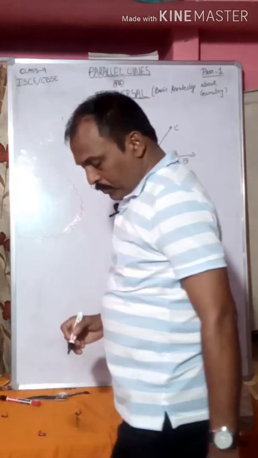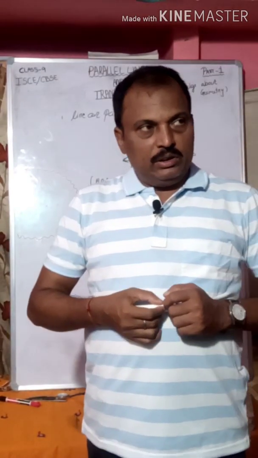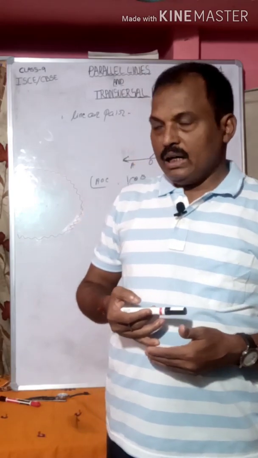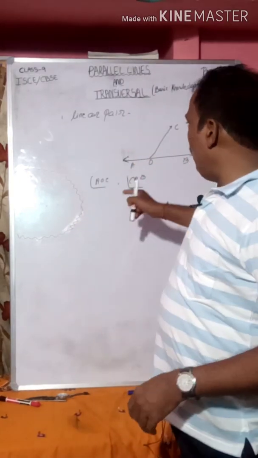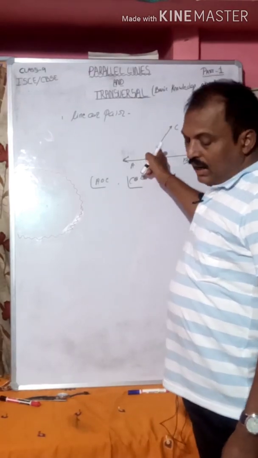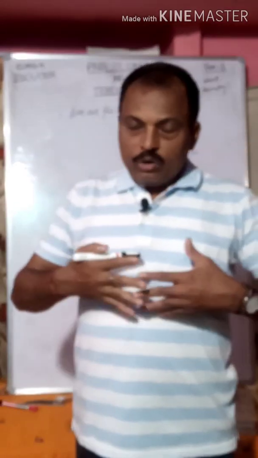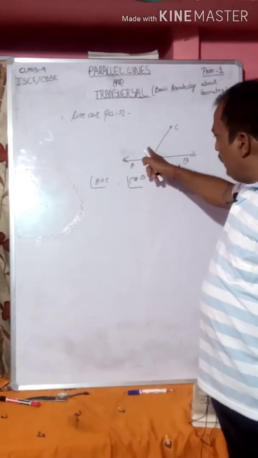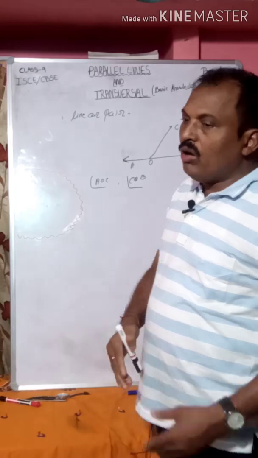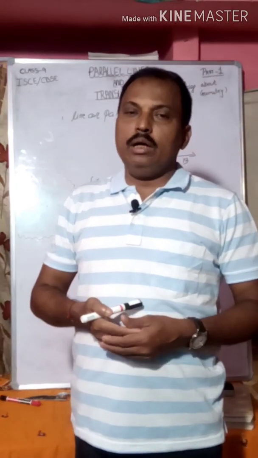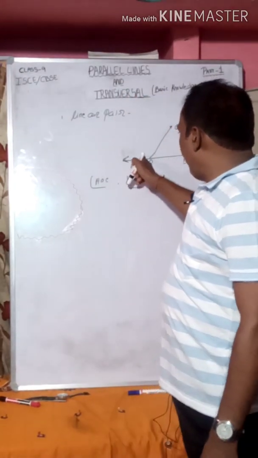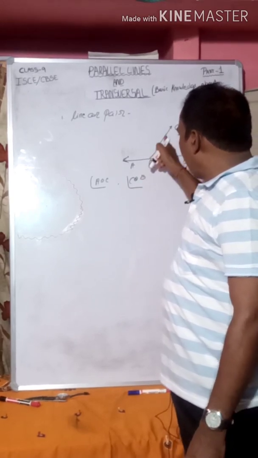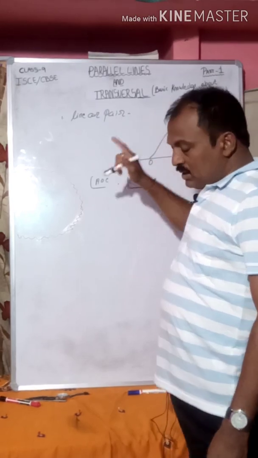We discussed adjacent angles, adjacent sides. When two angles have a common ray, those two angles are called adjacent angles. The adjacent angle of AOC is COB and the adjacent angle of BOC is AOC.